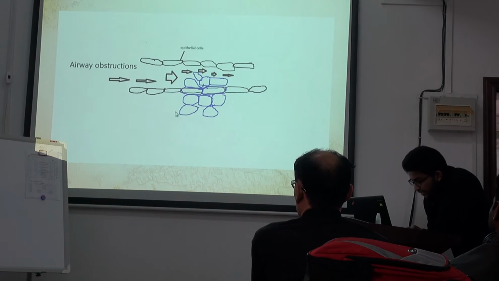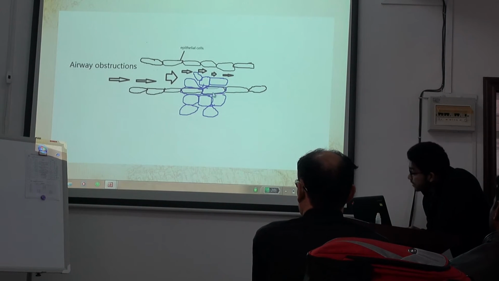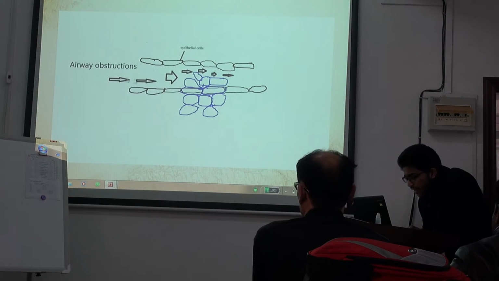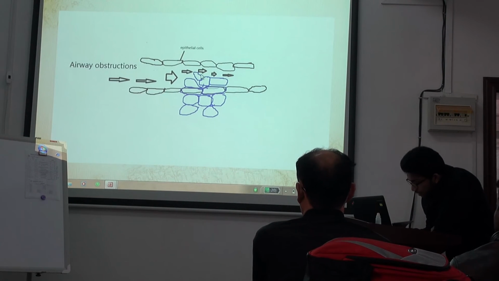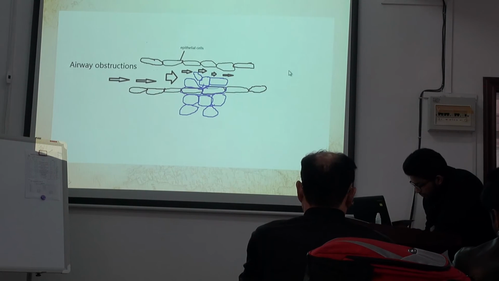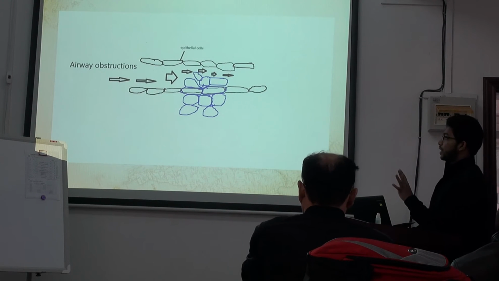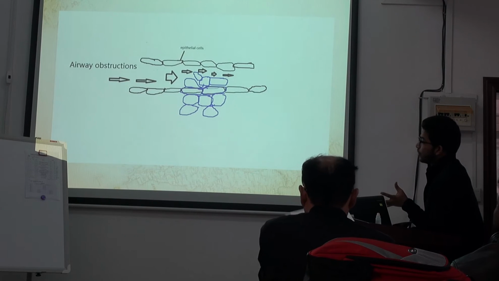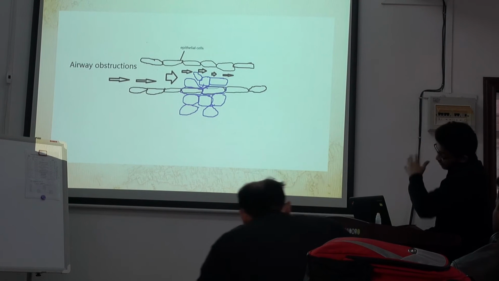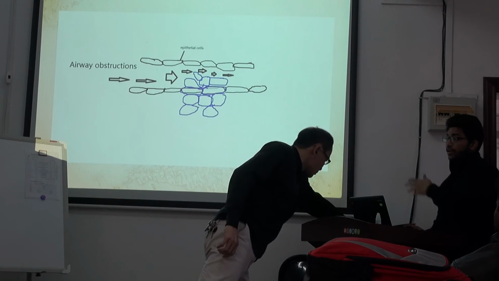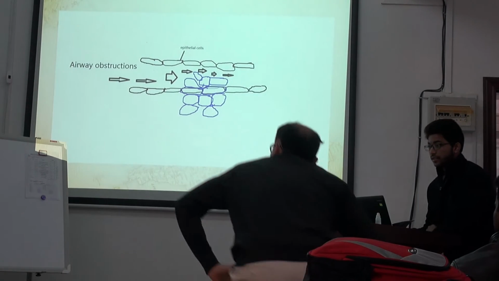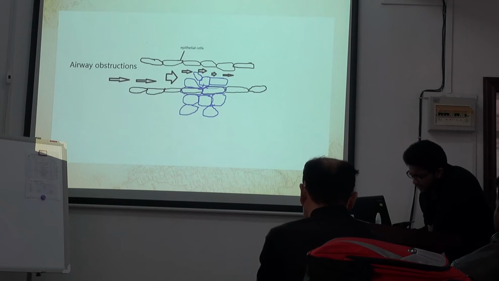Since it gets damaged, mutated, and starts growing uncontrollably, airway obstruction happens. The airway can't pass air very easily. Then the symptoms are going to start, like wheezing. Because of airway obstruction, wheezing is going to start.